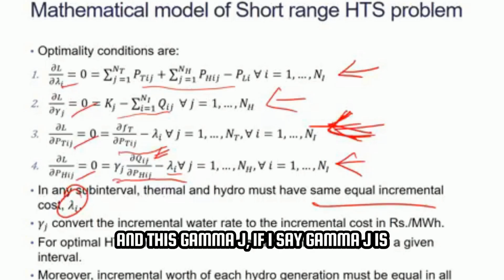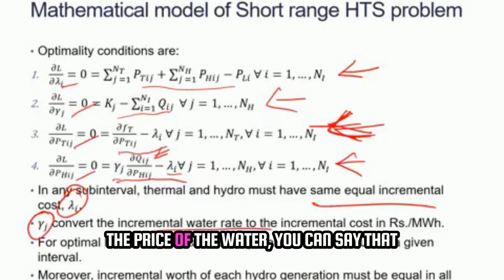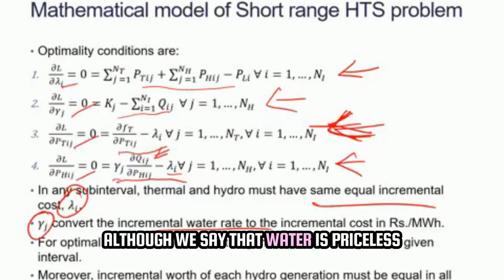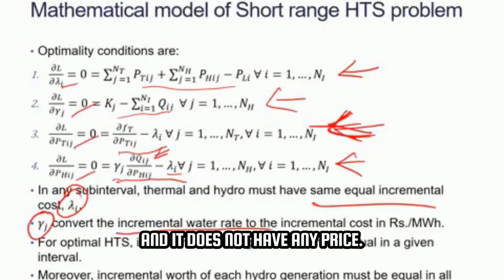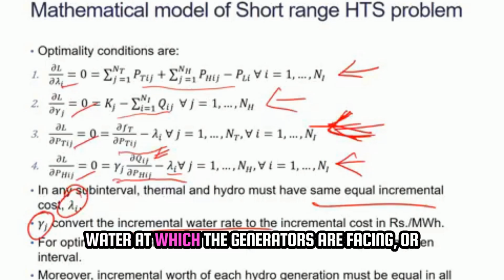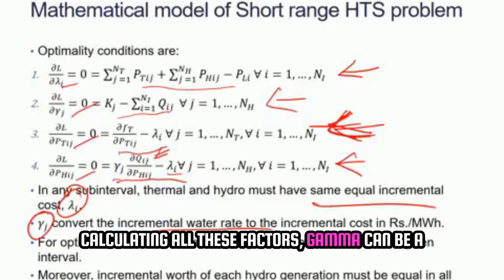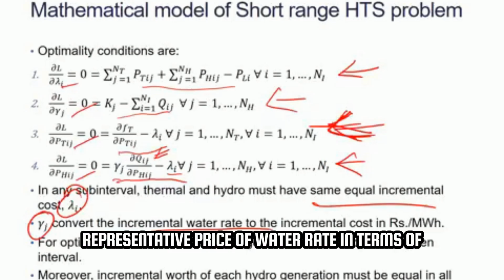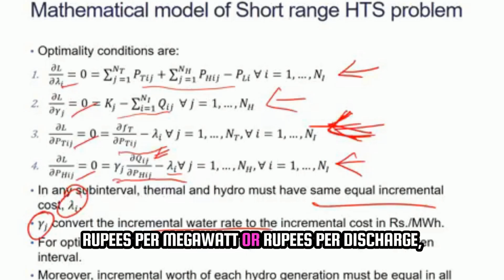And this gamma j, if I say gamma j is the price of the water, although we say that water is priceless and does not have any price, if we want to calculate the price of water at which the generators are facing or calculating all these factors, gamma can be a representative price of water rate in terms of rupees per megawatt or rupees per discharge, right?